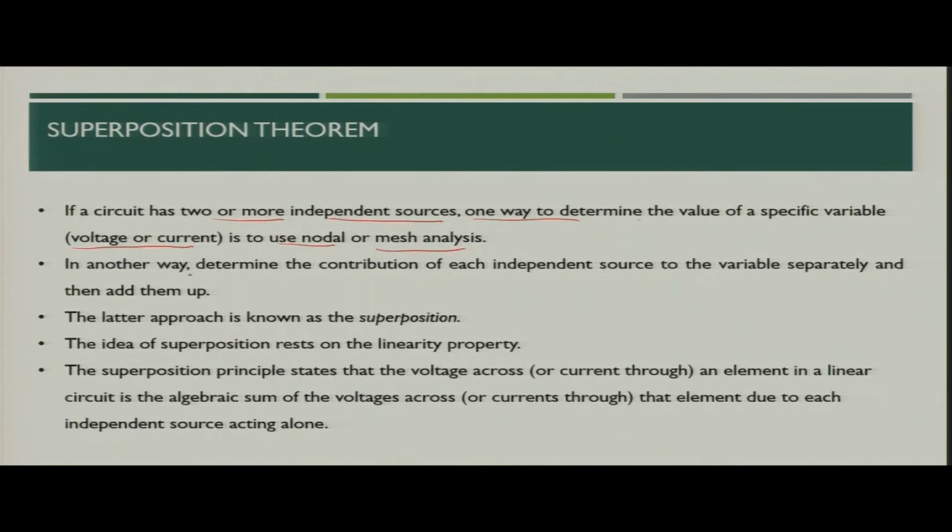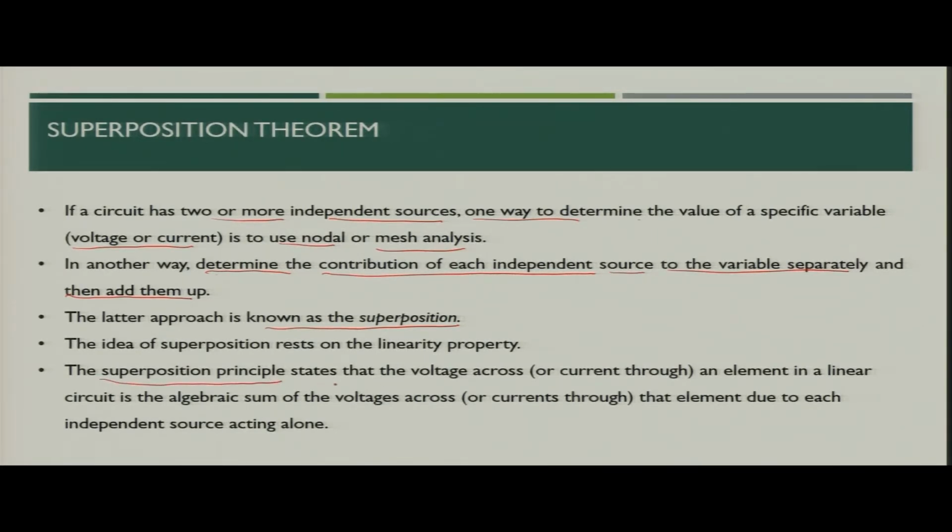Another way is to determine the contribution of each independent source to the variable separately, and then add them up to get the final variable value. Determining the contribution of each independent source separately and then adding up is called the superposition theorem. So, what do you do in case of the superposition theorem?